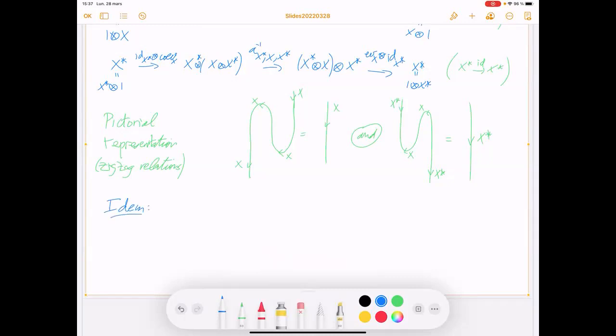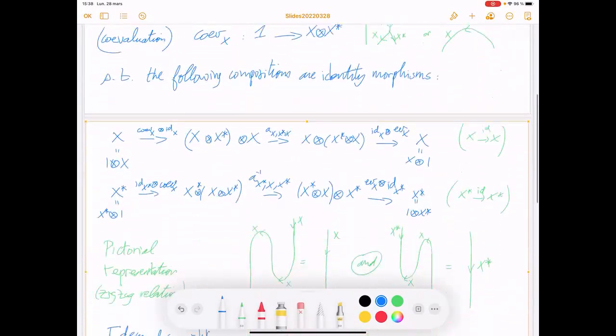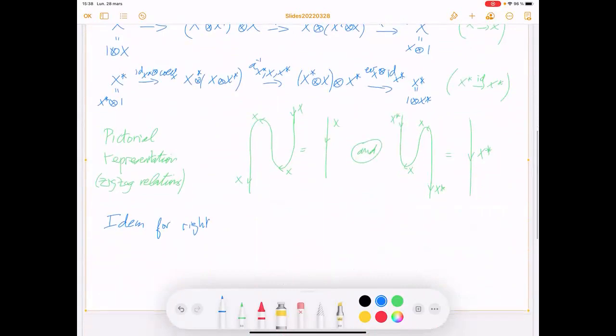That idem for right dual. So everything is almost the same thing, but sometimes it's on the right instead of being on the left or something. For right dual, denoted, you have the star like that.